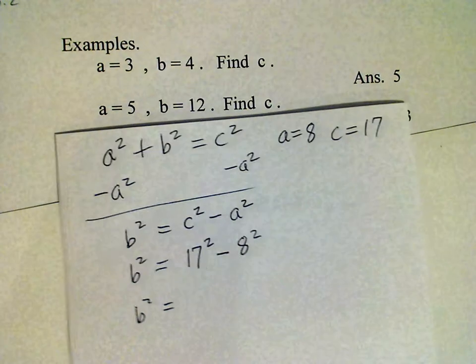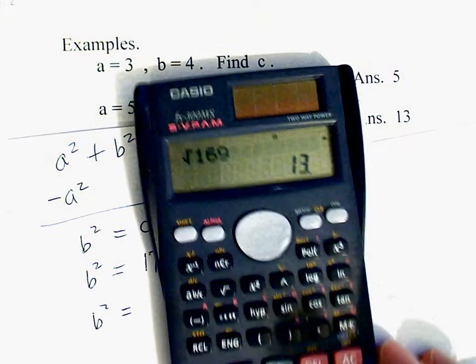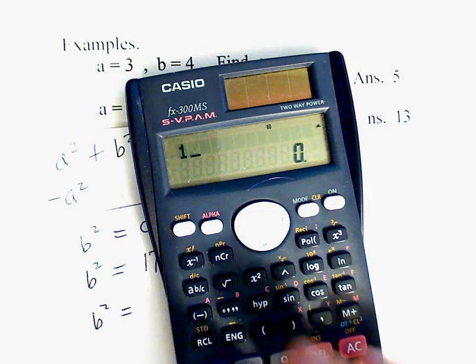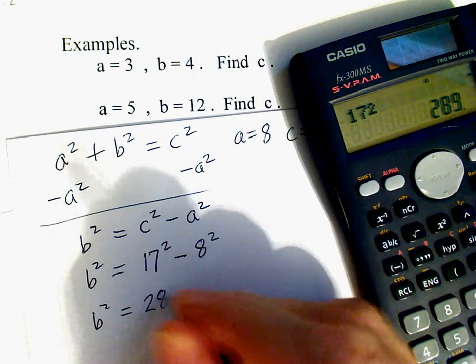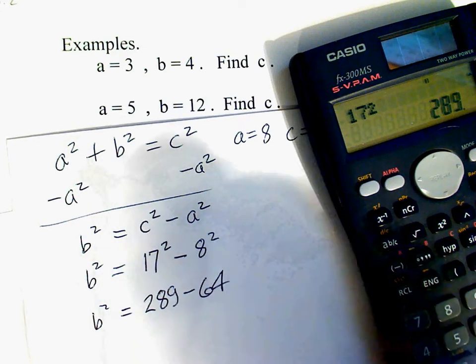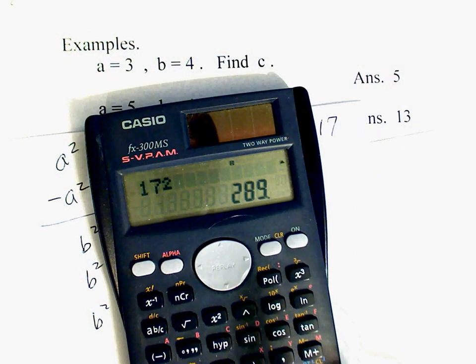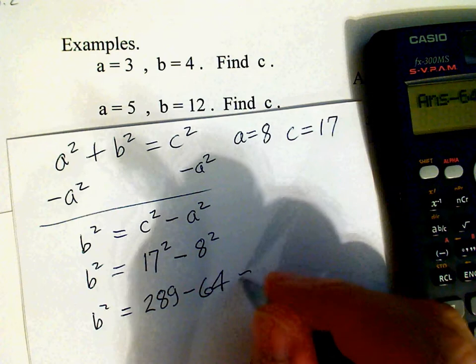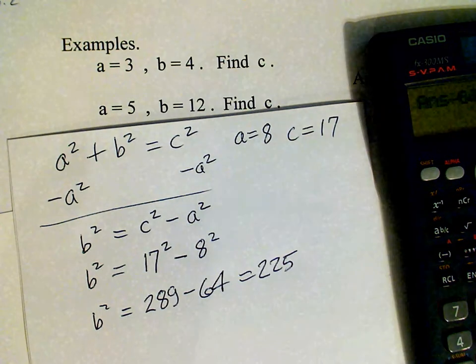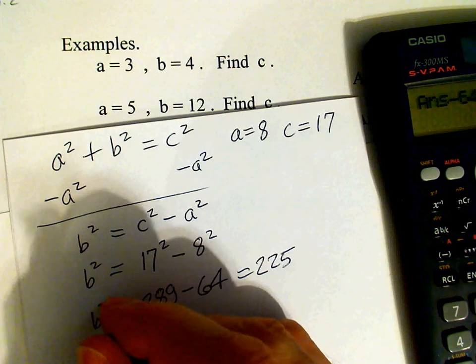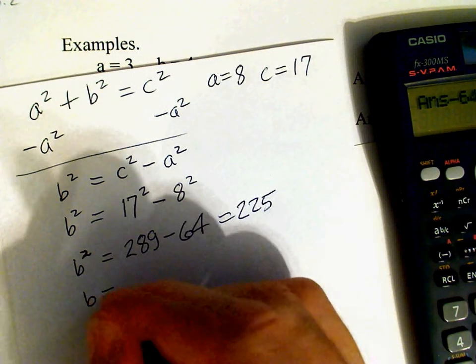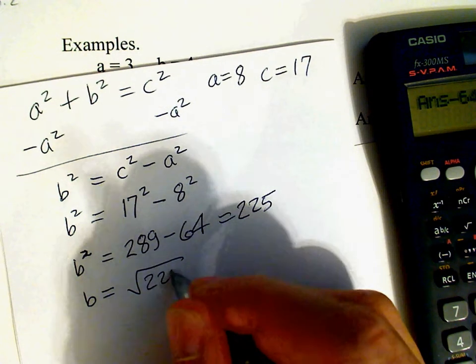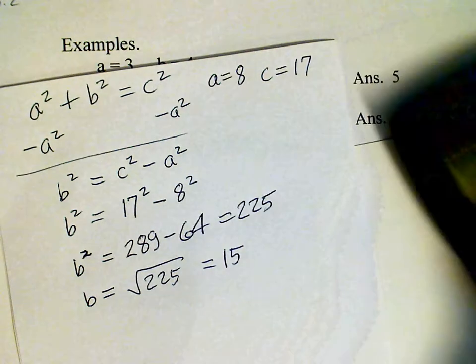So b squared is 17 squared, that's 289, minus 8 squared is 64, and we have 225. Okay, now remember that's not the answer, this is b squared here. And if we want b, then we need to take the square root. b is square root 225. The answer is 15.